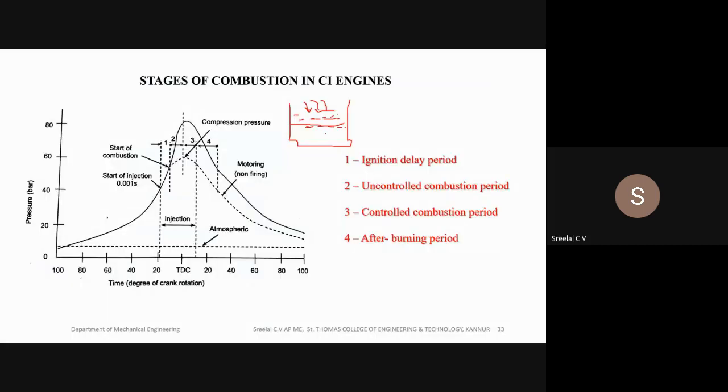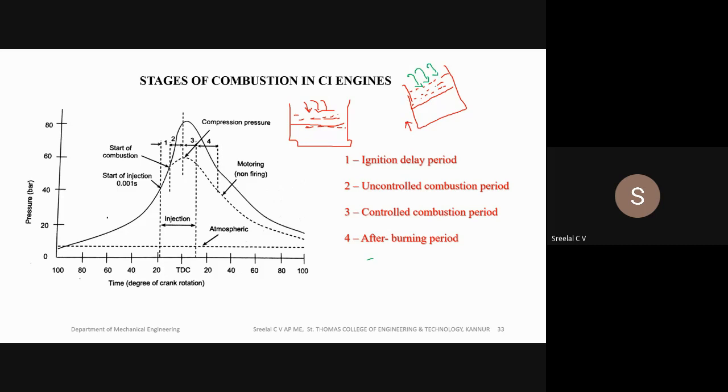So here the combustion chamber is here. Here is the piston which is moving from BDC to TDC, and here the pressurized air is there. Into that air, the fuel is injected.